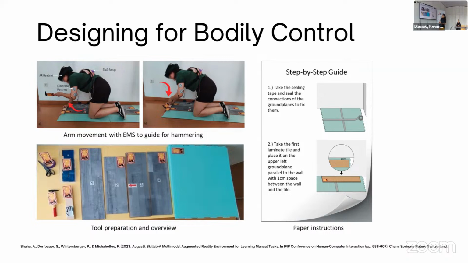As you can see in the figure here, I used something called electrical muscle stimulation, along with some of my colleagues and students. Electrical muscle stimulation is basically an off-the-shelf device that is practically used in rehabilitation, where if someone has a stroke or an impairment, medical practitioners or physiotherapists put electrodes on the muscles to strengthen them.